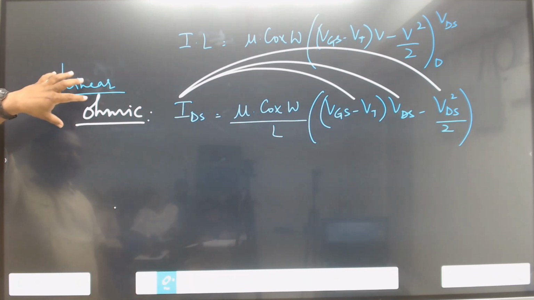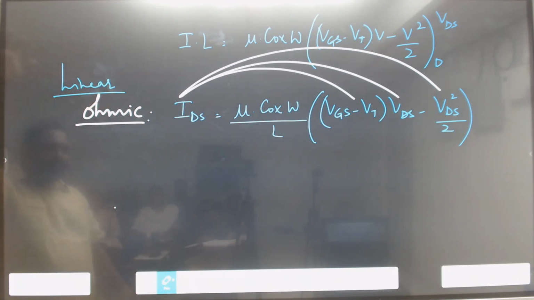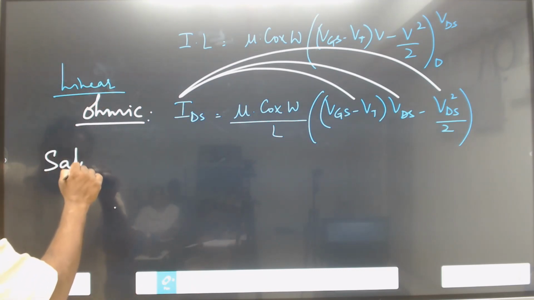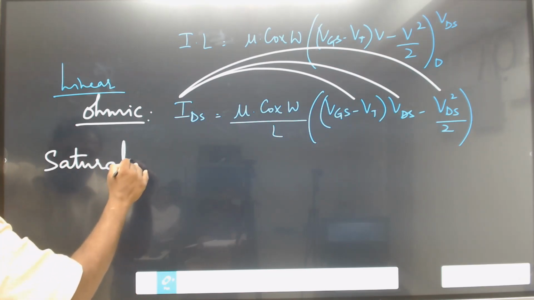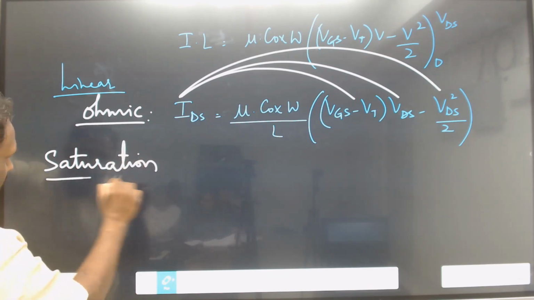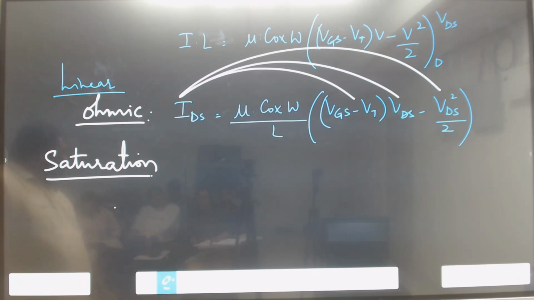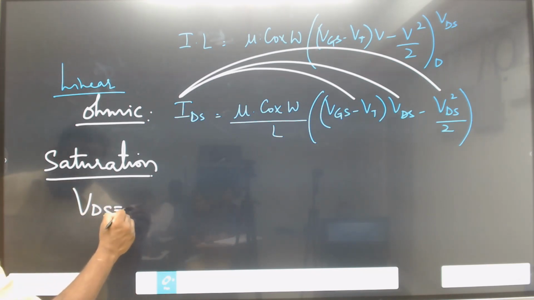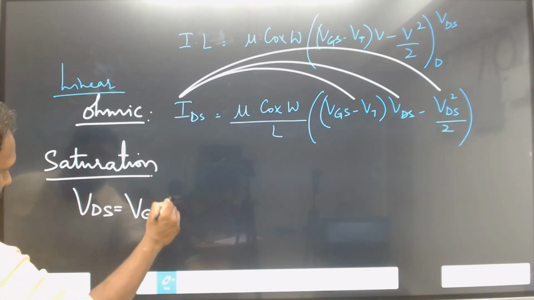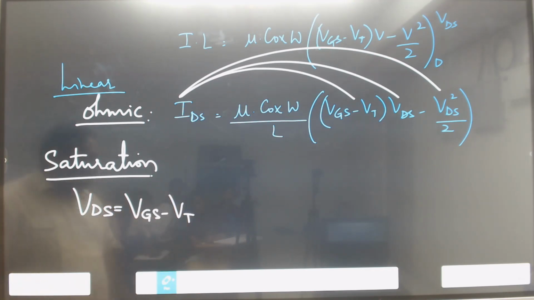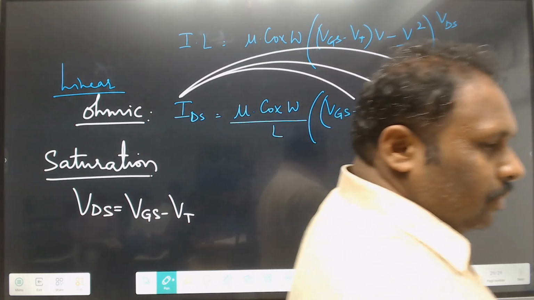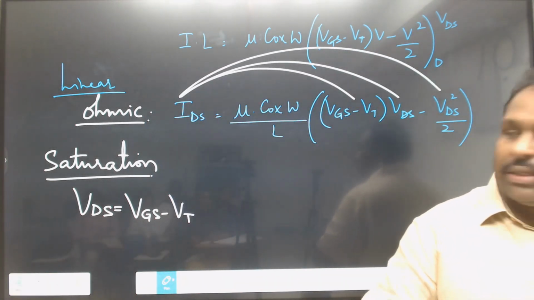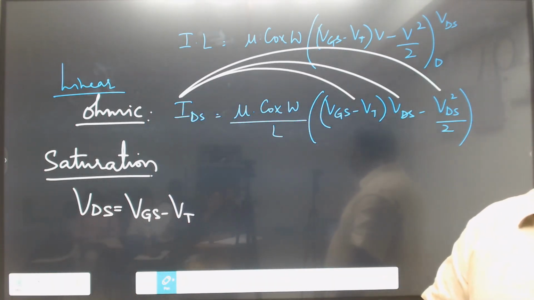What if it is the saturation region? Saturation starts when VDS is equal to VGS minus VT.